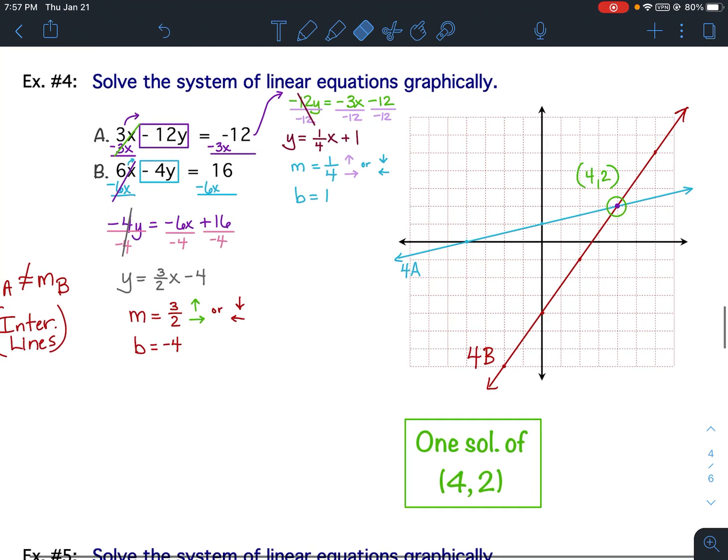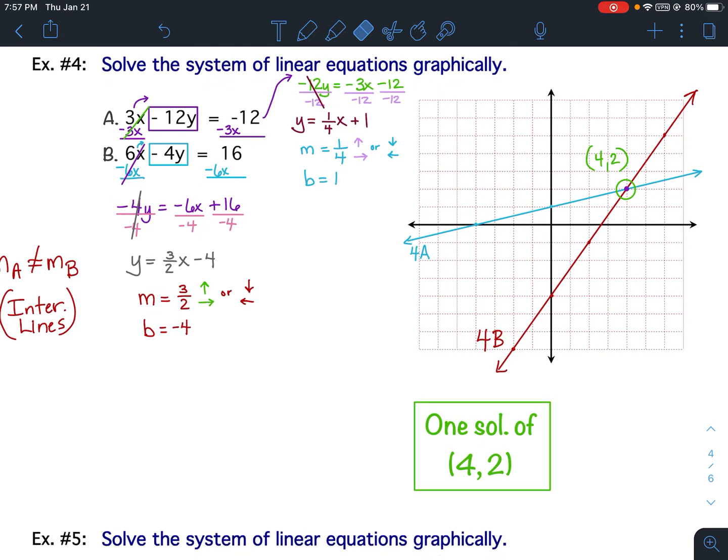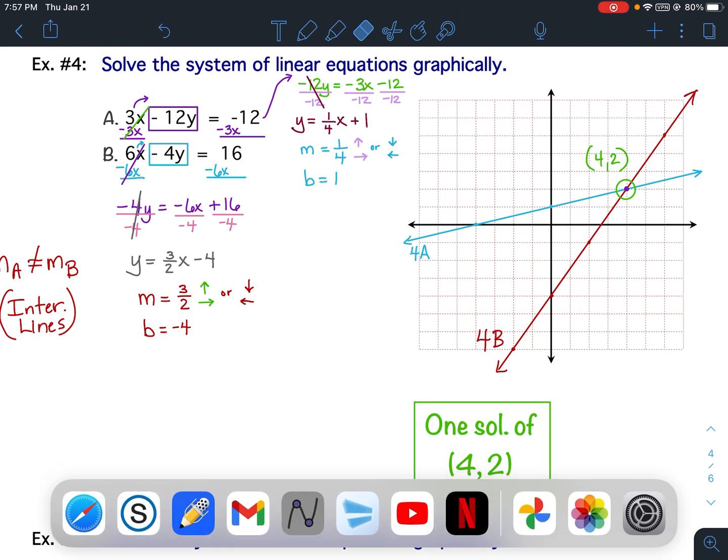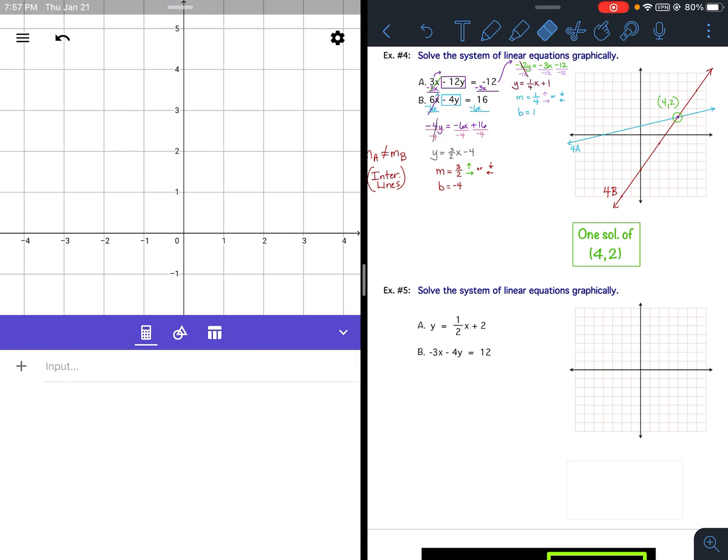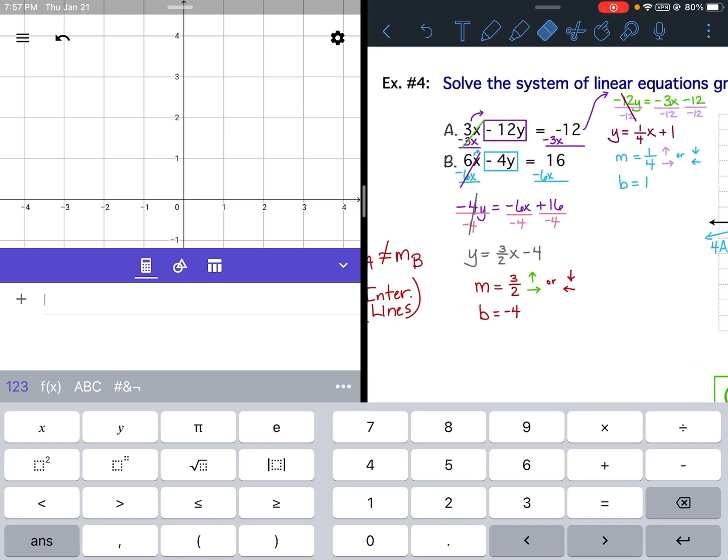All right, so let's use the graphing calculator to see if we're right. Delete both of these. All right, so the first equation I'm putting in is 3x minus 12y equals -12.